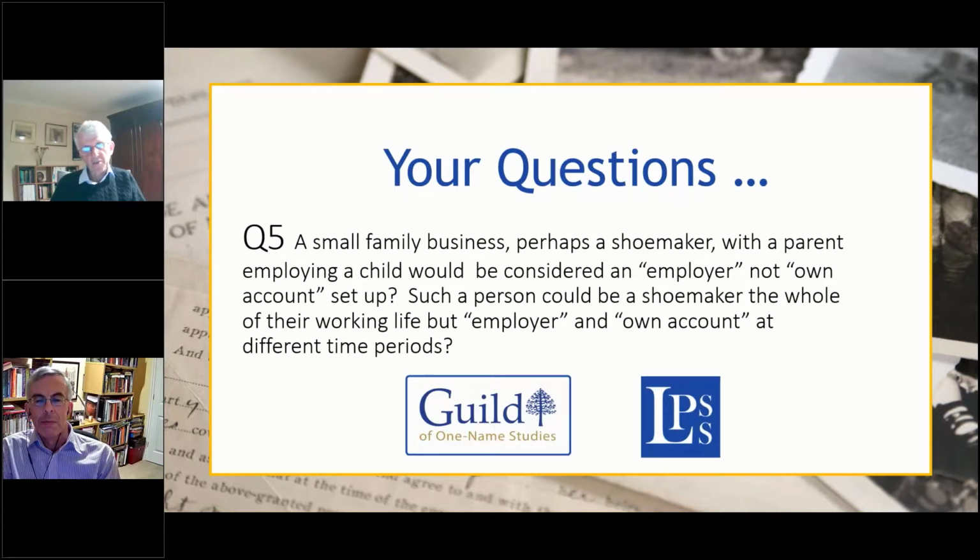They occur more frequently in the earlier censuses of 1851 and 1861 than they do later. But this question of whether an employer of your own family counts as an employer or own account is important. Now, we would count them as an employer because they were a unit requiring additional labour.